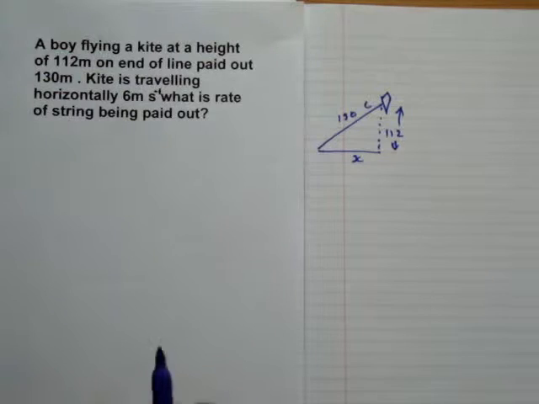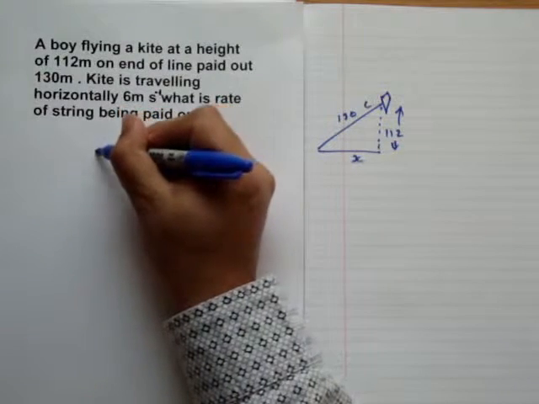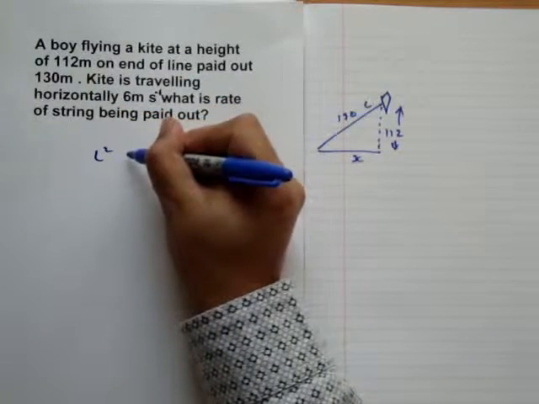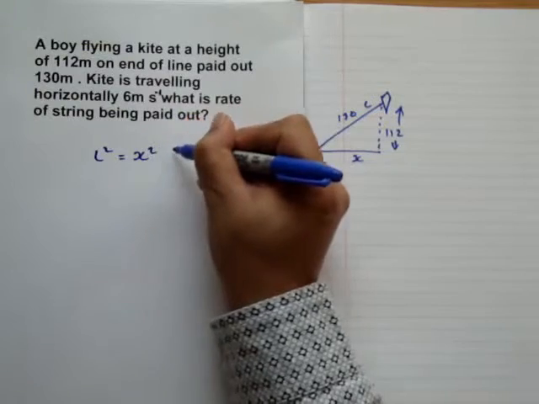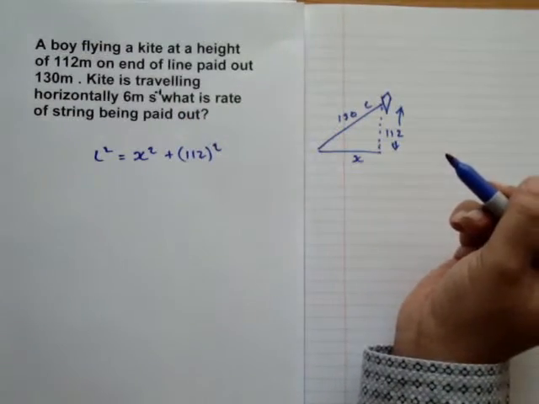So from Pythagoras we know that L squared equals x squared plus 112 squared.